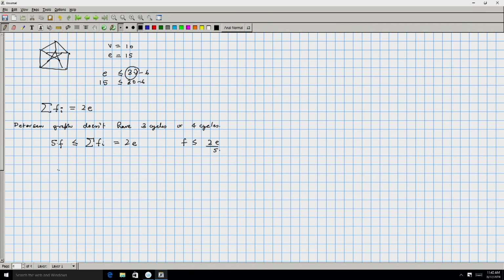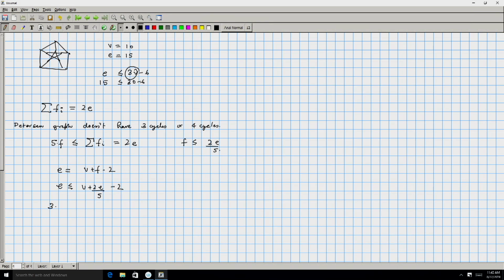Now, if it were planar, then e must be equal to v plus f minus 2, and e should be less than or equal to v plus 2e by 5 minus 2.